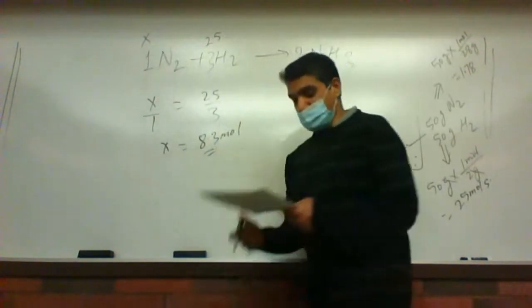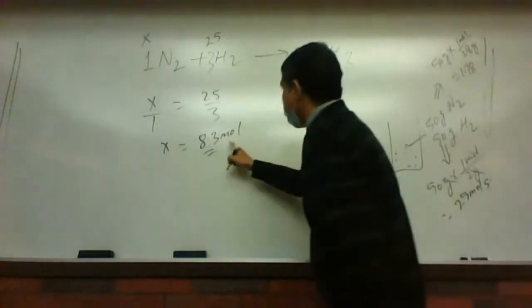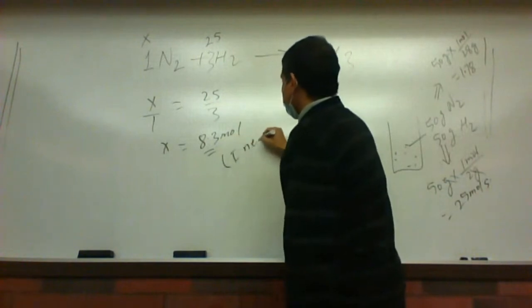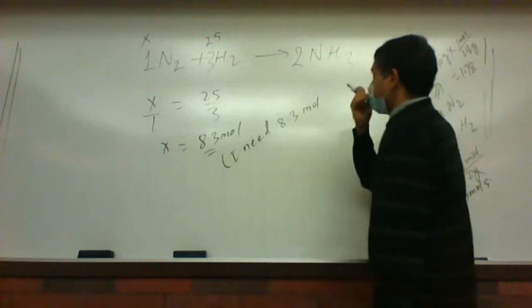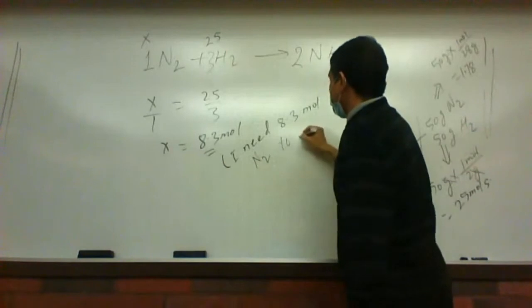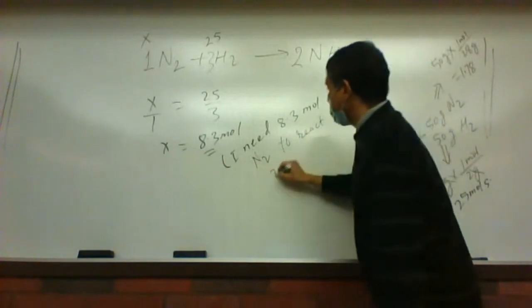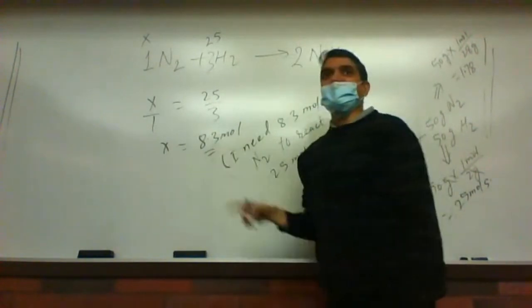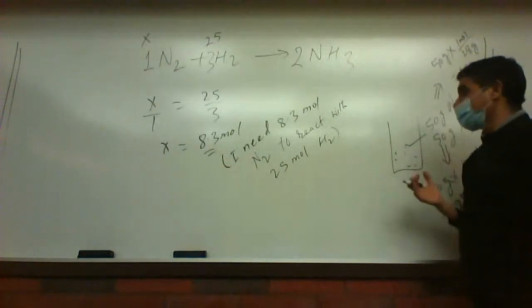I calculated 8.3 moles. I need 8.3 moles of nitrogen to react with 25 moles of hydrogen. That's what it is saying.